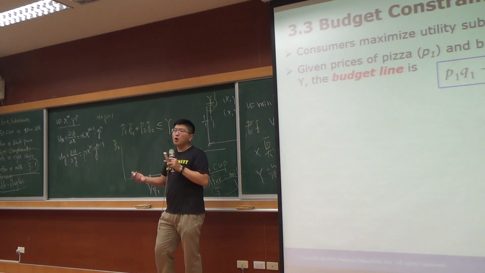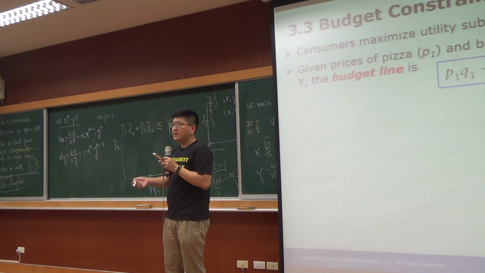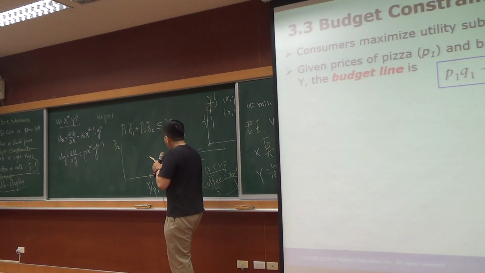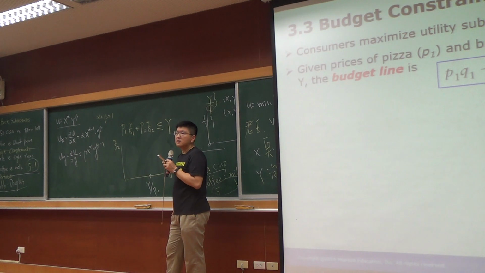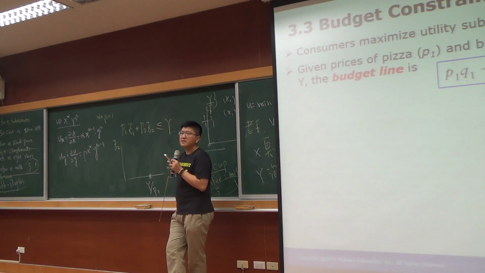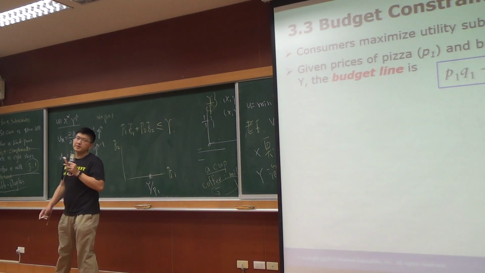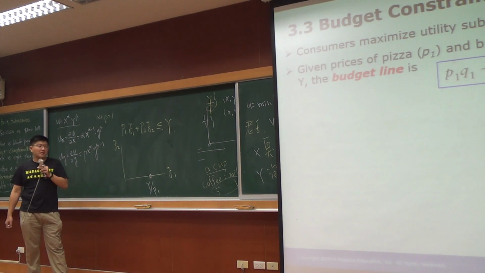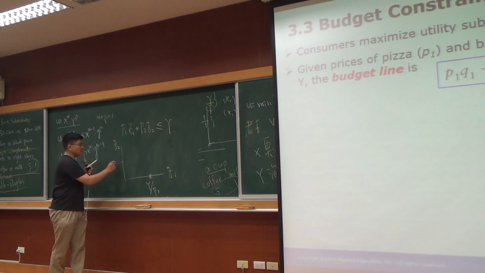So if all your income is spent on pizza, how many slices you may consume at most would be Y over P1. This would be the maximum slices of pizza you may have. Okay? And if you want burritos, the maximum number you may have would be Y over P2.